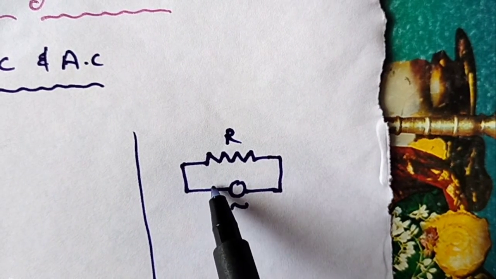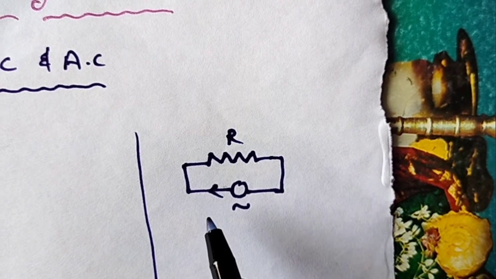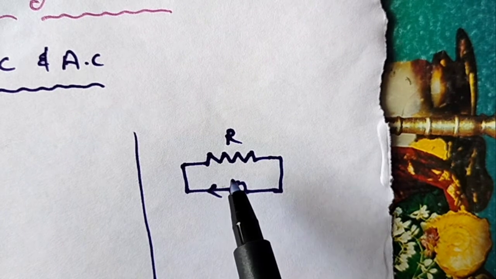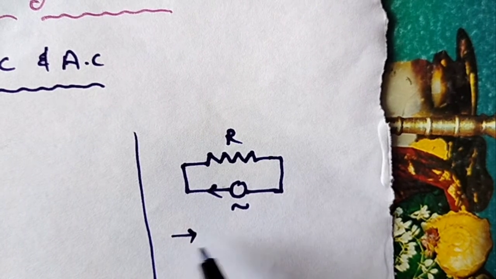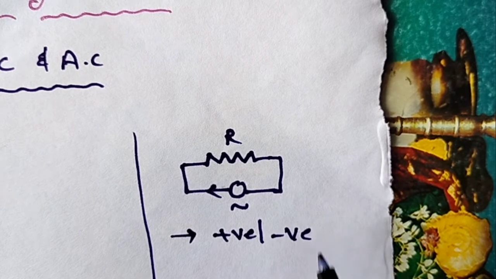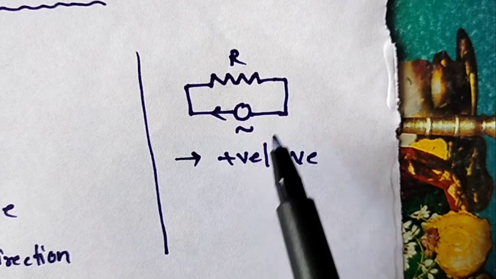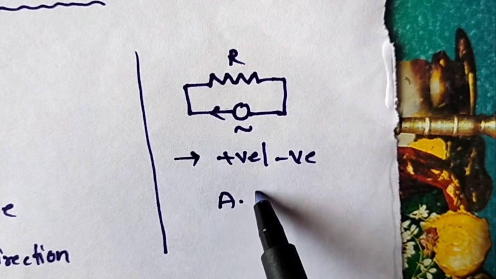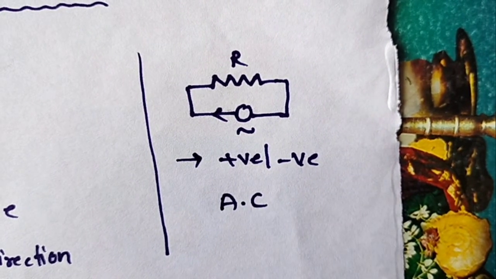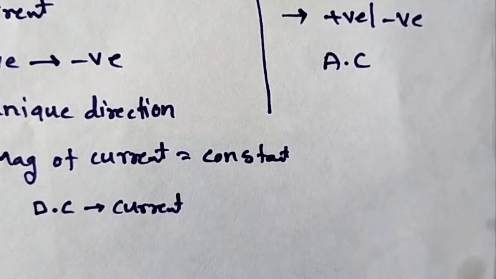So when the current is flowing in this resistor alternatively, that is a positive cycle, negative cycle, positive cycle, negative cycle. So this alternating current is called AC current. So that is DC and AC current.